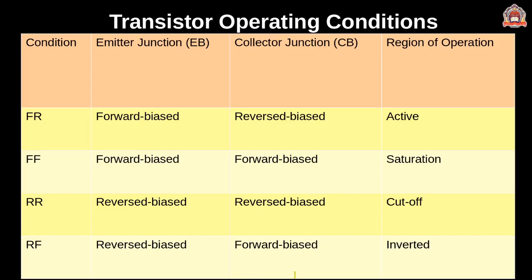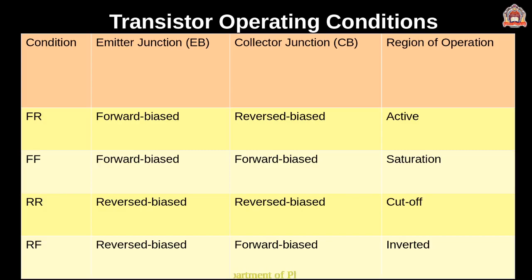The transistor which operates in this region is used for amplification. In forward forward bias, both the junctions are in forward bias, the transistor is in saturation and the collector current becomes independent of the base current. The transistor acts like a closed switch.